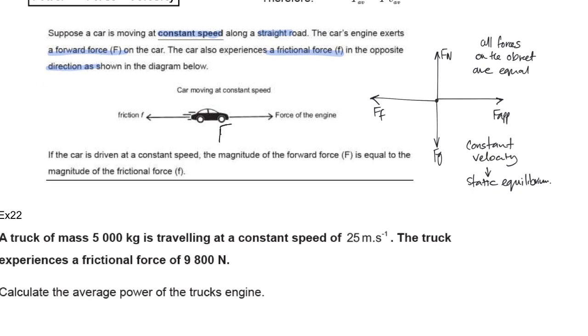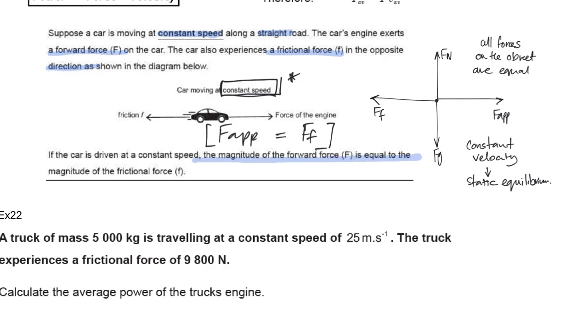So my force applied must be equal to my force of friction if the car is moving at a constant speed. That is very, very important. It's the whole basis of what's about to happen now. So your engine force and your force opposing motion must be equal.